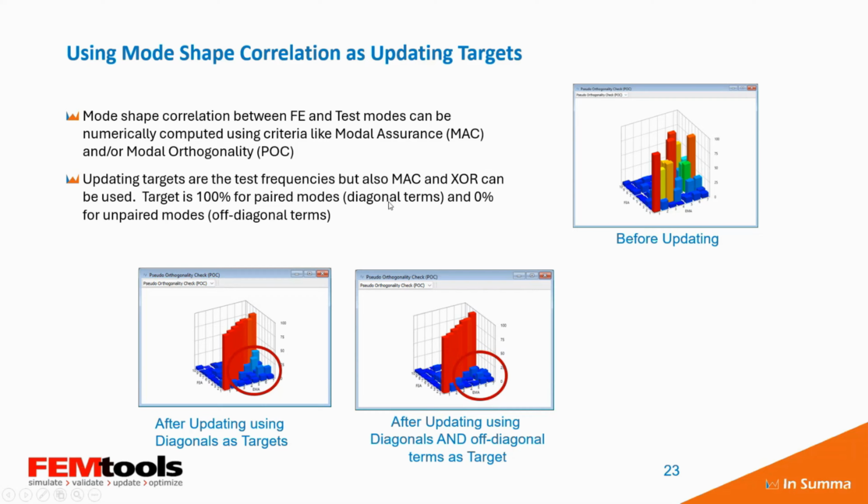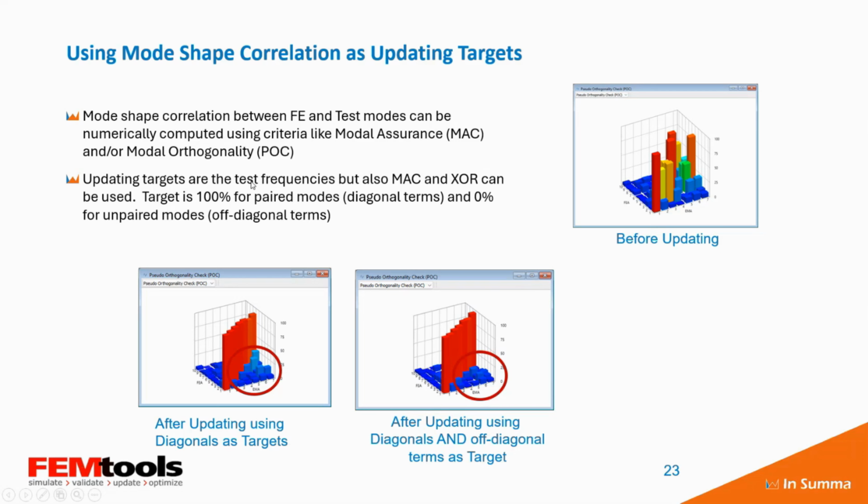So we're focusing on the modal approach, where frequency clearly is the main response, but also the mode shape itself is a target. So the test data provides mode shapes, and we will of course try to improve the correlation in terms of the MAC or the orthogonality criteria.